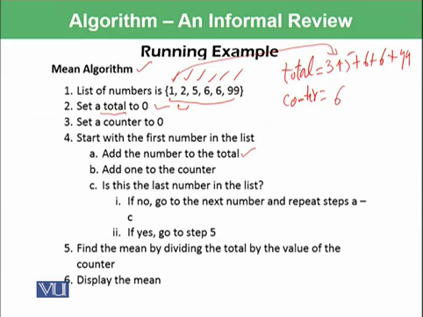At the moment, total contains the sum of all numbers and counter contains 6, which is the total count of numbers. If yes, go to step number 5. And what is step number 5? Find the mean by dividing the total by the value of counter. So you add all these numbers and divide by 6, which would be your mean value.